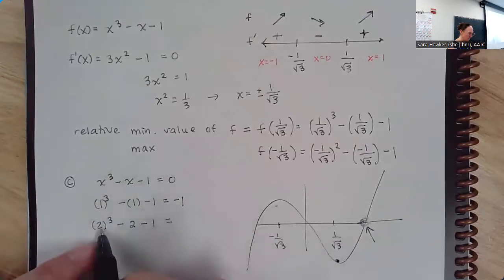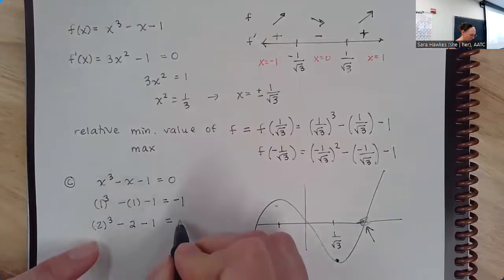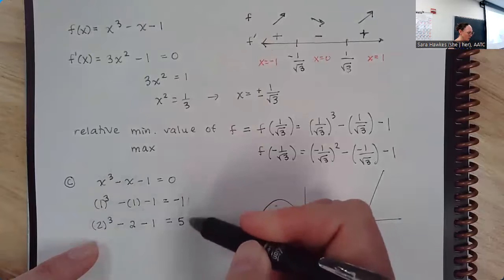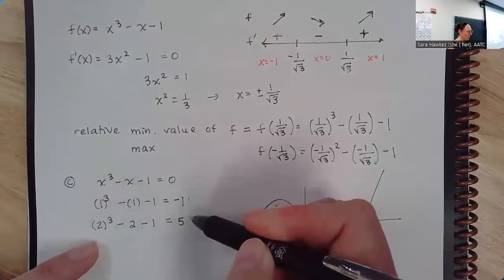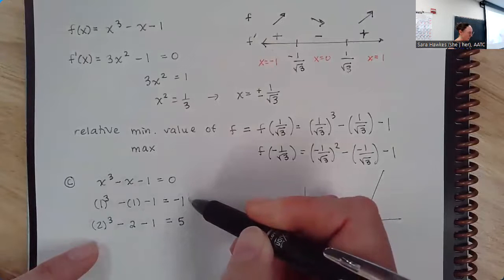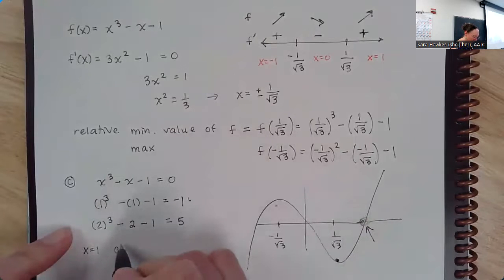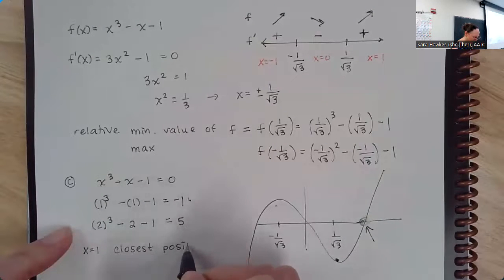That's 8 minus 3. So that would give me a 5. Which of those is closer to 0? Right? So x equals 1 is the closest positive integer solution.